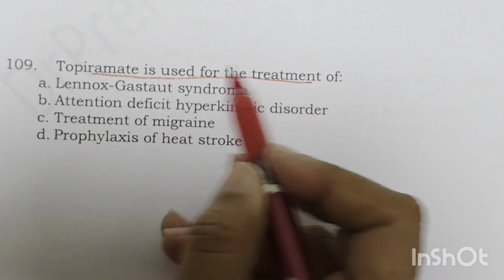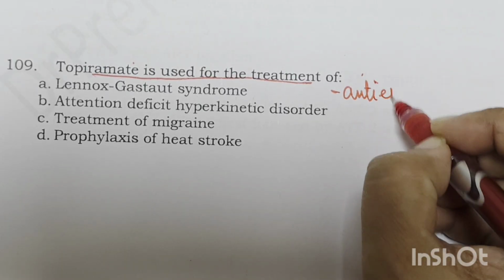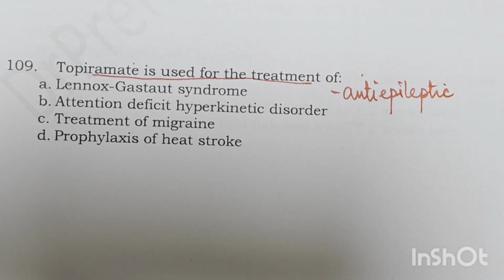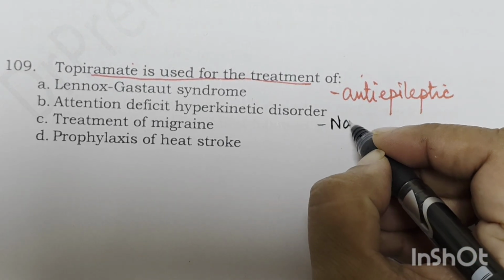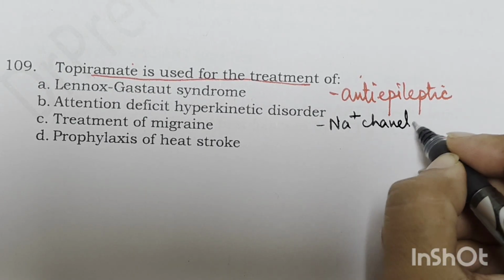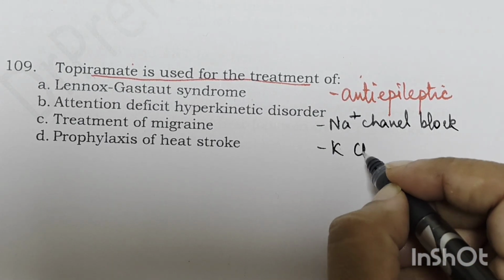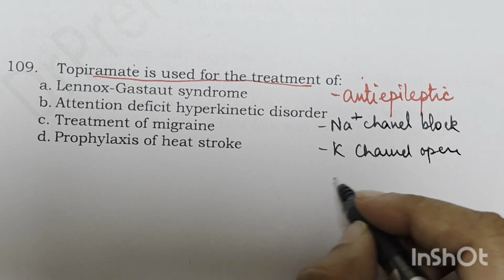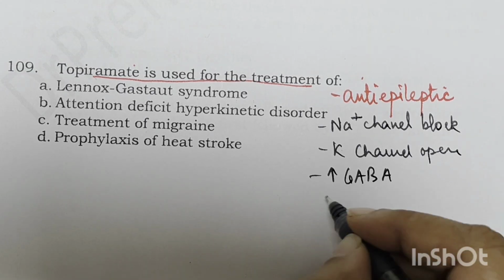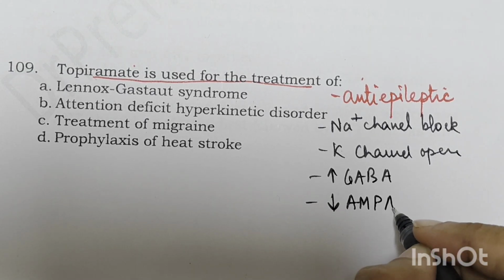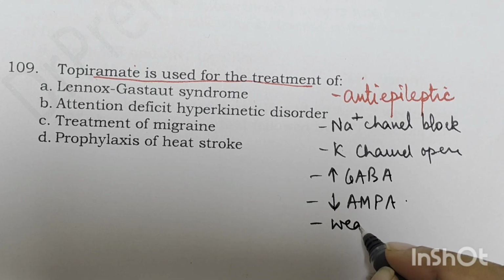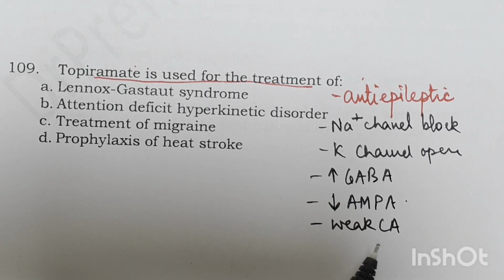Topiramate is used in the treatment of. Now topiramate is actually an anti-epileptic. This anti-epileptic has many mechanisms of action. It blocks sodium channels, opens potassium channels, increases GABA activity, reduces AMPA activity and weakly inhibits carbonic anhydrase. So topiramate has all these actions.